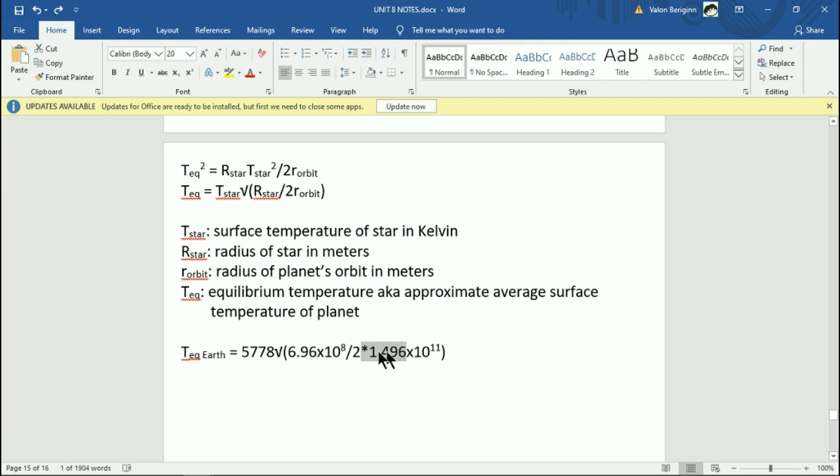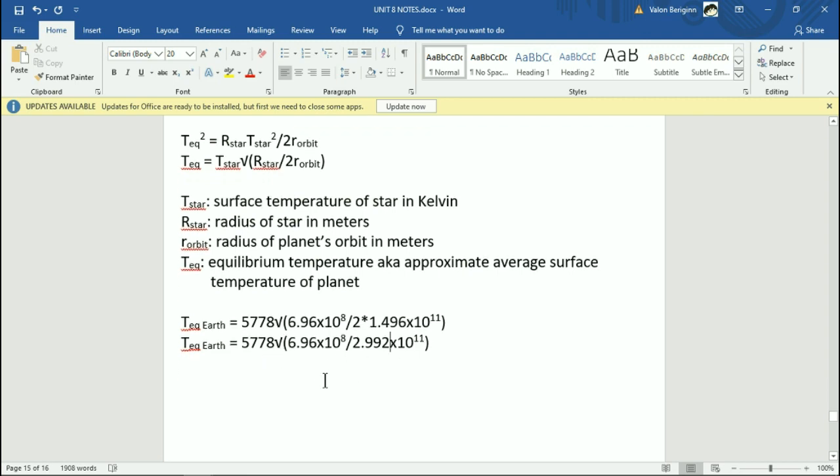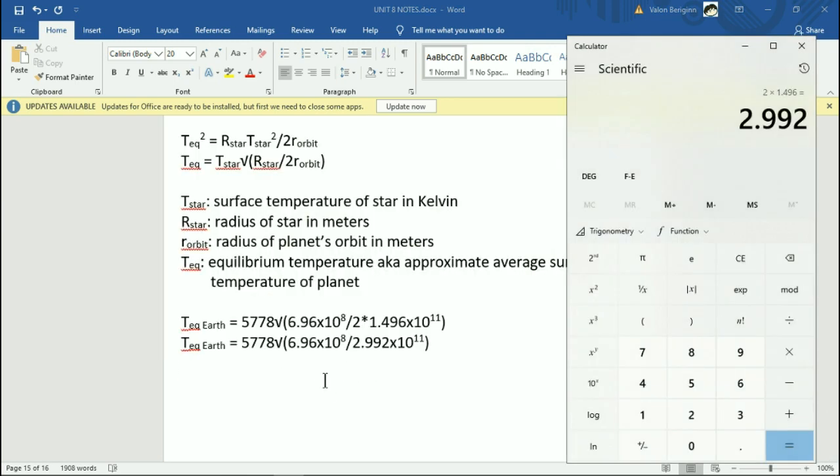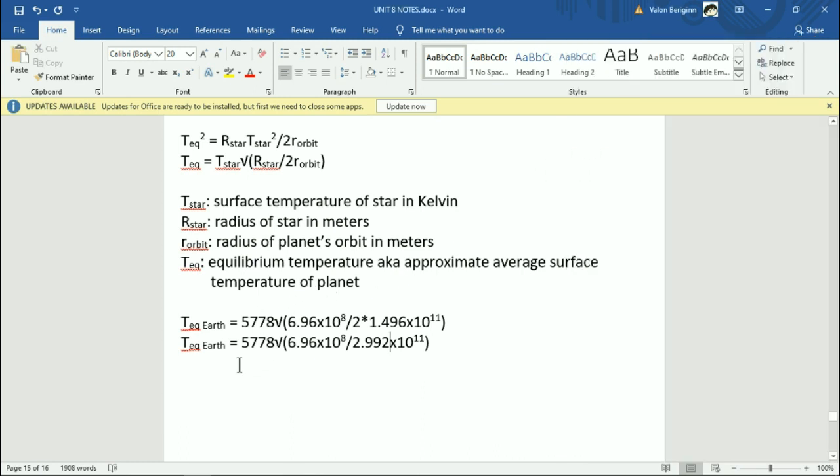Actually, wait, hold on. Let me save my work here. 2.992. Then I want to divide this here, and then I want to flip this. So my number is going to be this within the square root.